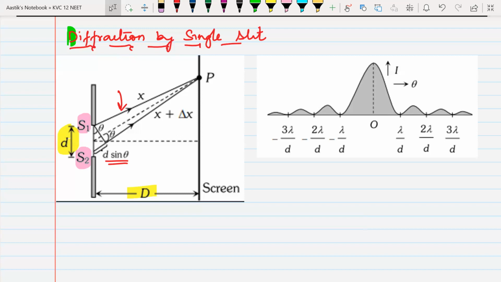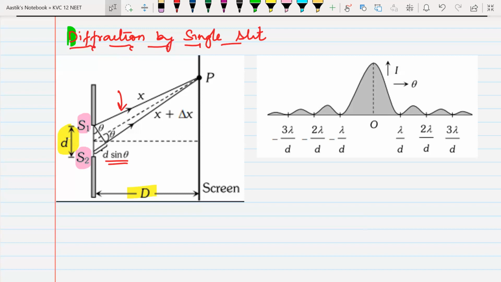This entire thing is your central maxima. What you can note down here is the width of your central maxima. You can look from here.